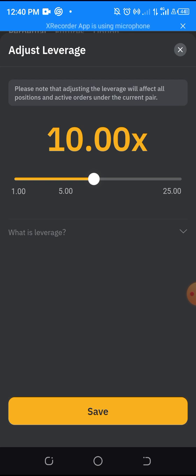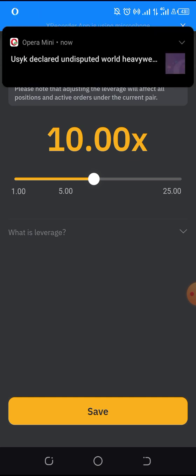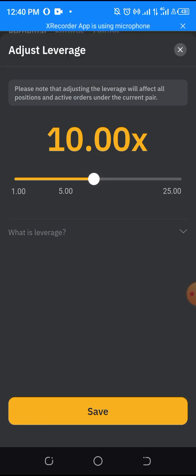Now this leverage means, for instance, you want to start a business, probably selling iPhones. One iPhone is about 100,000 naira, and you want to get 10 iPhones, but the only money at hand is 100,000 naira. You have this mindset that if you can afford 10 iPhones, you'll be able to make profit.